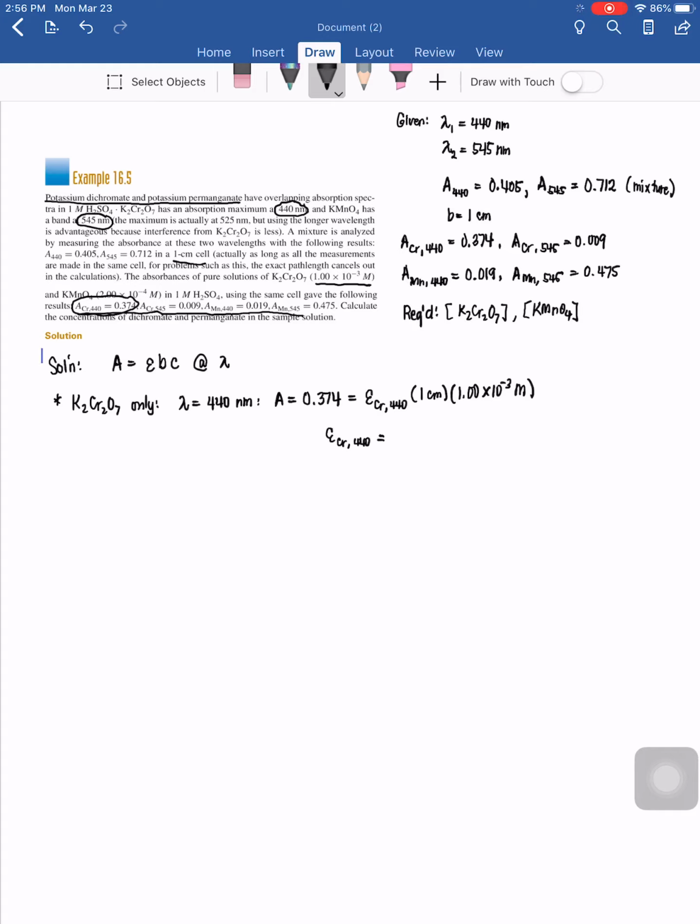We can simply divide both sides by this term, so that the molar absorptivity is given by 0.374 all over 1 times 1.0 times 10 to the negative 3. Now, if we plug this into our calculator, we should be able to get our answer. So let me just input this in my calculator.